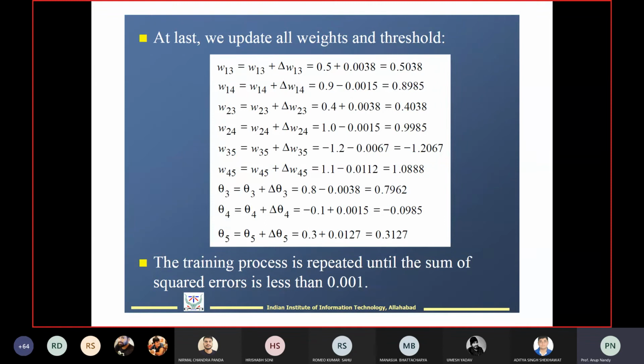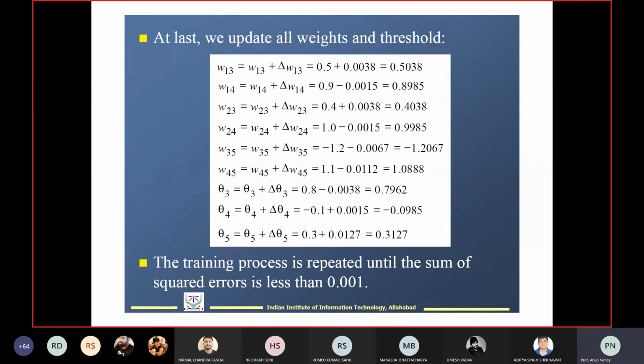This same process, this training process, is repeated. These things are repeated until, now what is the condition to come out? The sum of squared error is less than 0.001.